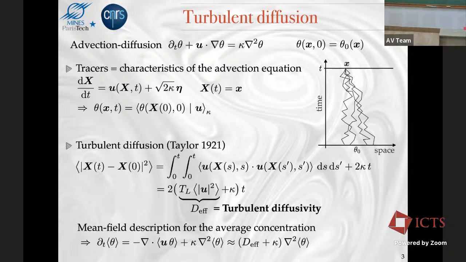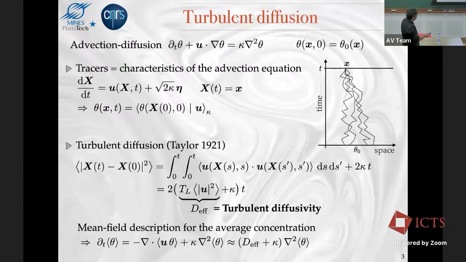So you start from your final time. You want to know the value of the scalar at a given position x at time t. So you start from this x_t. You look at all the trajectories of this system, with this prescribed final condition. Then you go up to the initial time.